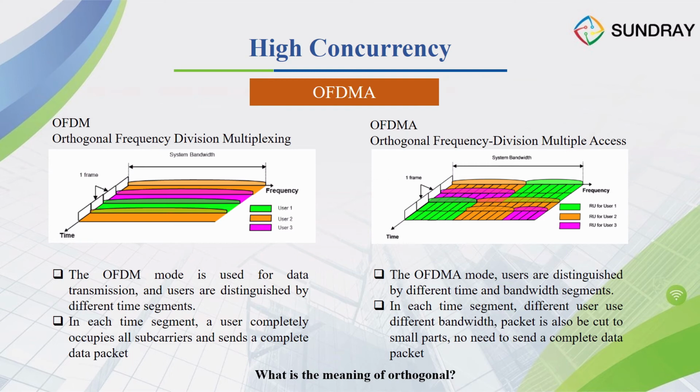So what is the meaning of orthogonal? For frequency division multiplexing, this one is very easy to understand. We use different frequencies to carry different data, so they don't interfere with each other.